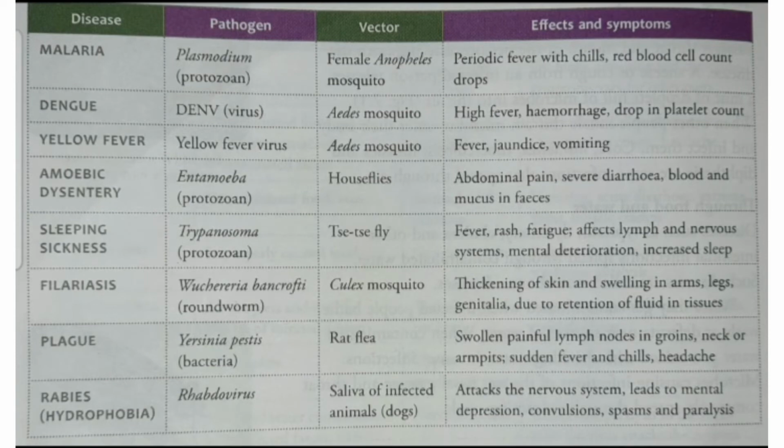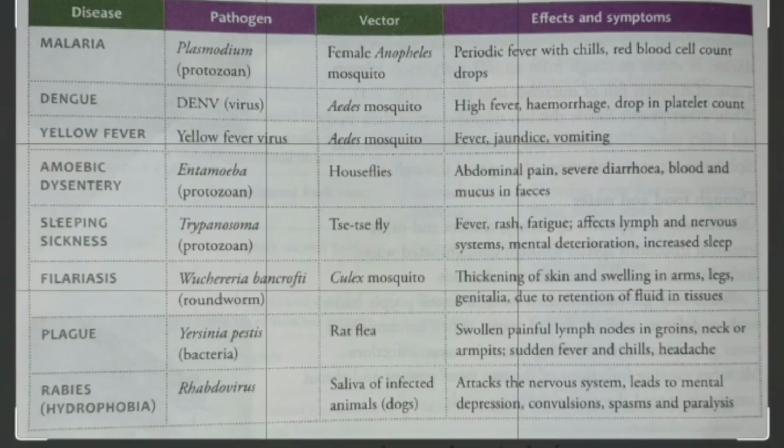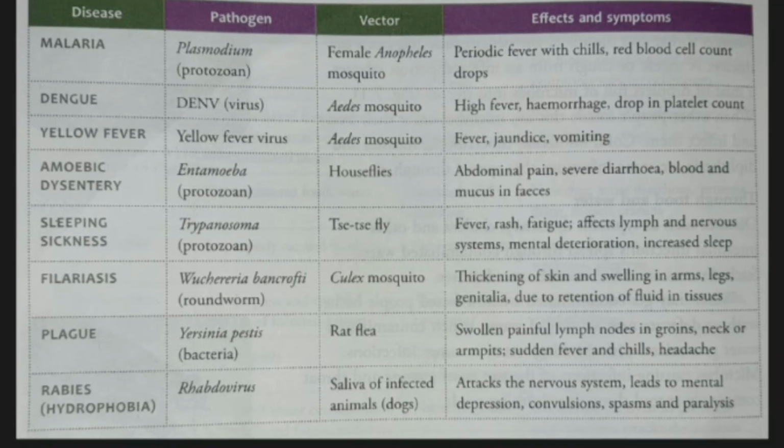Now we are going to learn about some common vector-borne diseases and their symptoms. The first one is malaria. The pathogen is Plasmodium vivax, a protozoa.